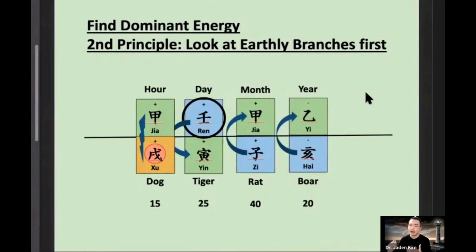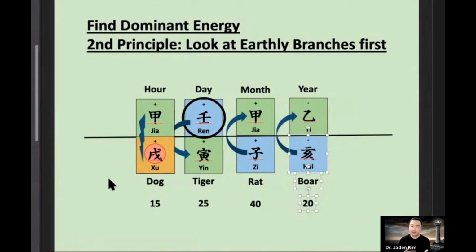Again this is not exact, but this is how I try to put the weight on it. So for example, this chart is kind of an impossible chart: water for 40%, another water for 20%, wood for 25, and earth for 15.